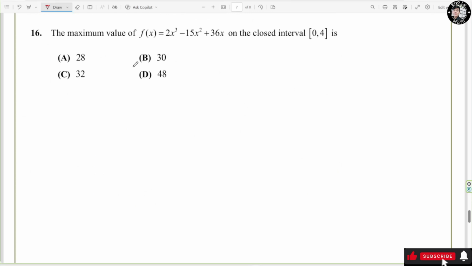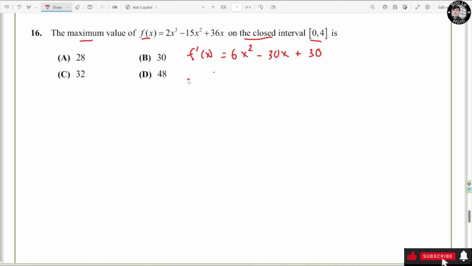Now let's move on to question 16. The maximum value of the function f(s) on the closed interval 0 to 4 is. Again, we need to find the critical values, and then we're going to use the candidate test, right? So we have f prime of s is 6s squared minus 30s plus 36, right?